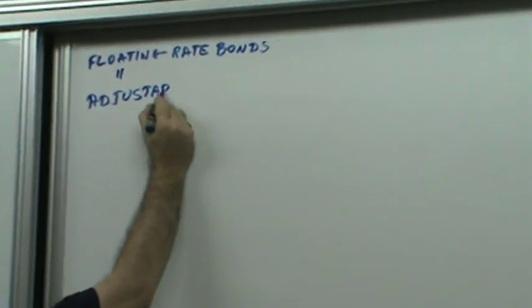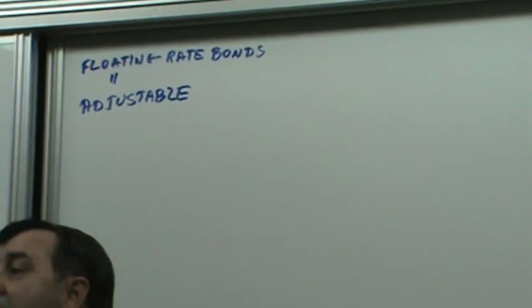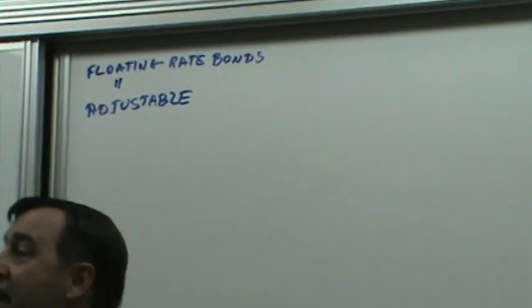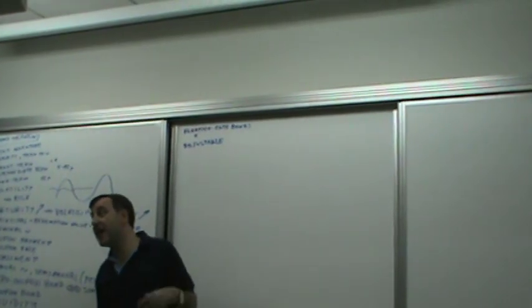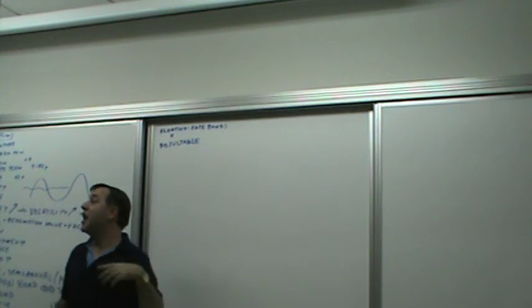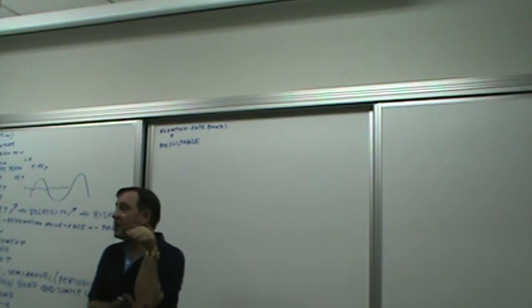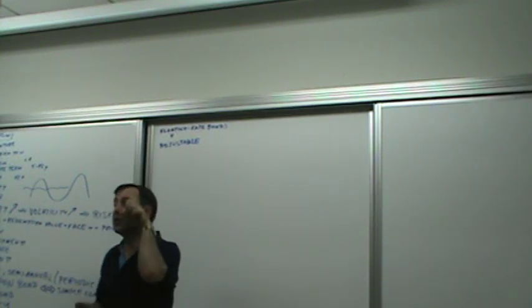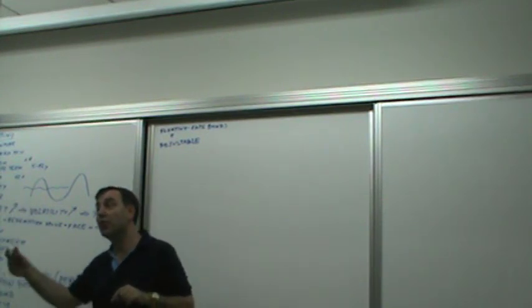It means that every 6 months, or every year, or every 2 years, usually on an annual basis, the interest is adjusted according to some formula. Usually you have an international benchmark like LIBOR, and you're going to have some premium. I'll be discussing those in a lot more detail.